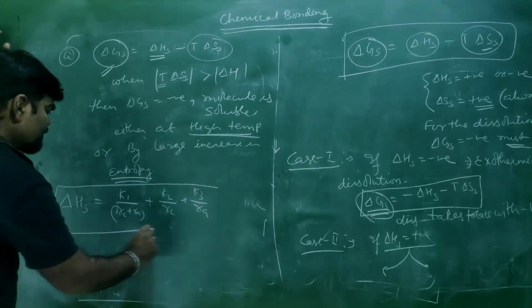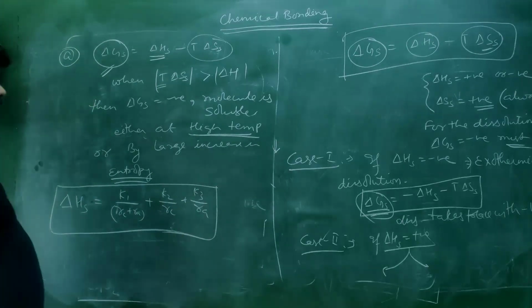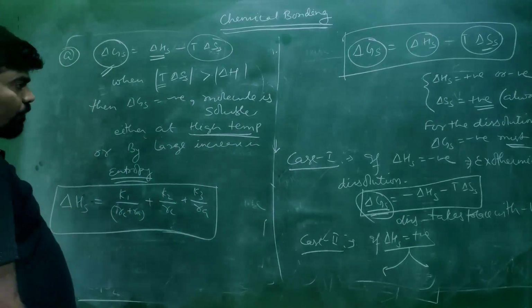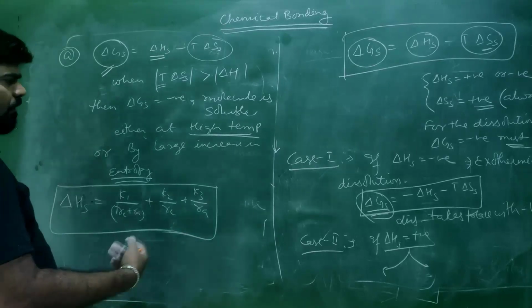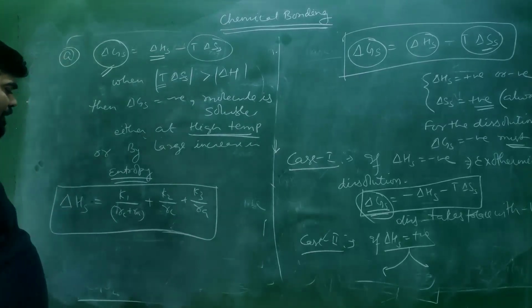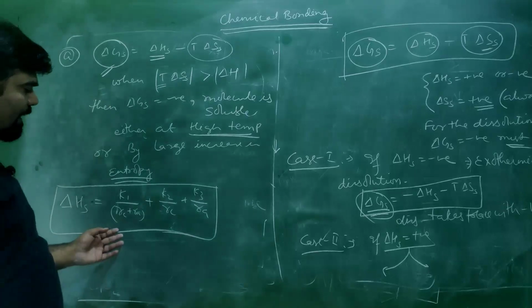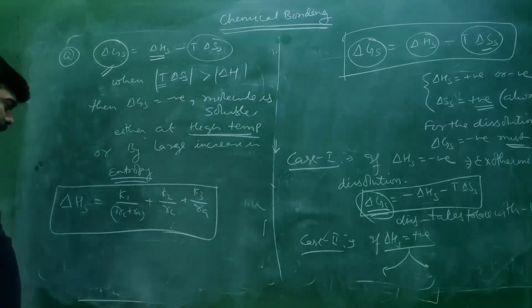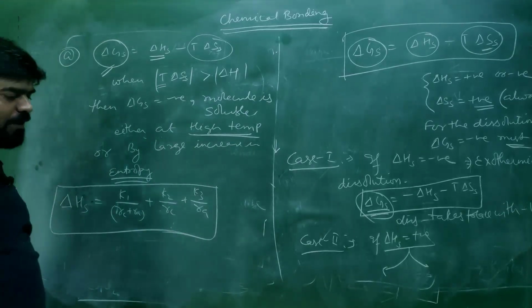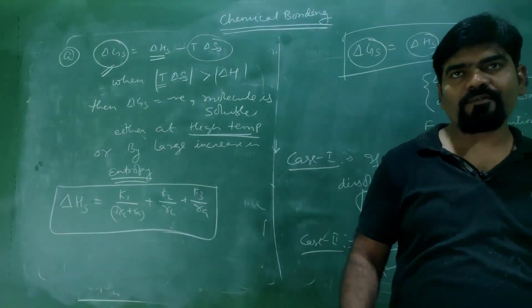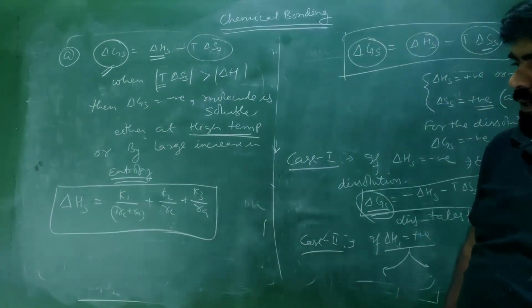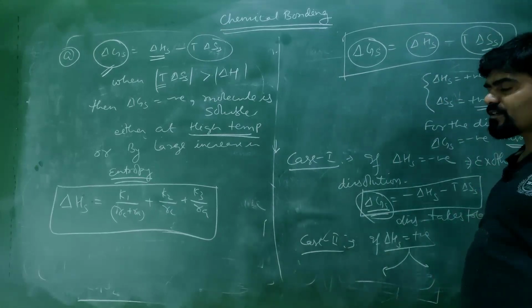By using this relation we can explain different cases: when cation is much smaller than anion, when anion is bigger than cation, when anion is smaller than cation, or comparable to cation. All those cases we have seen, and we have given their explanation in your class notes itself.